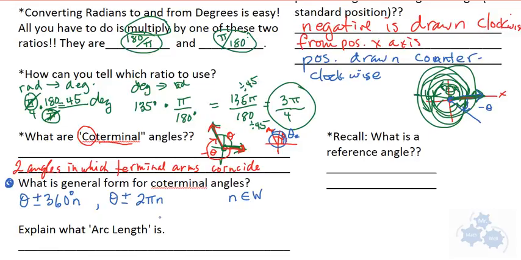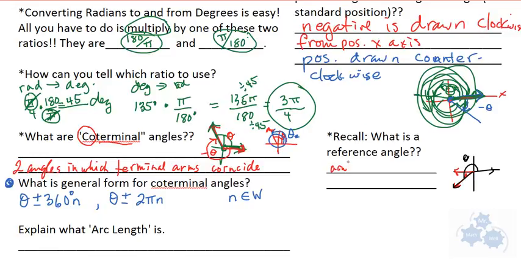What is a reference angle? Remember what a reference angle is? If you have an angle theta like this, what's the reference angle? The reference angle is the acute angle that is formed from the terminal arm of an angle to the nearest x-axis.